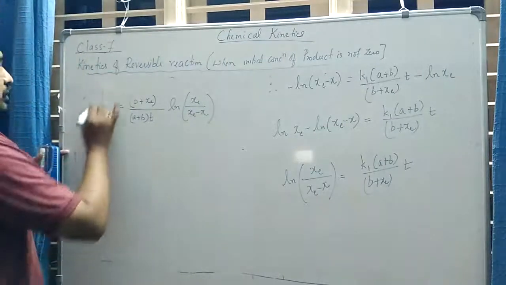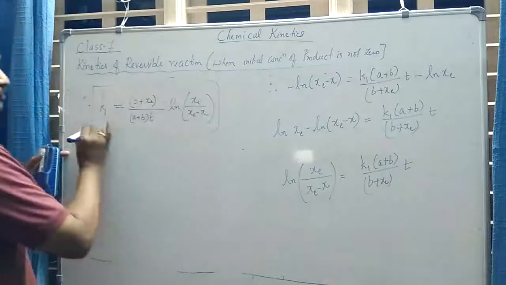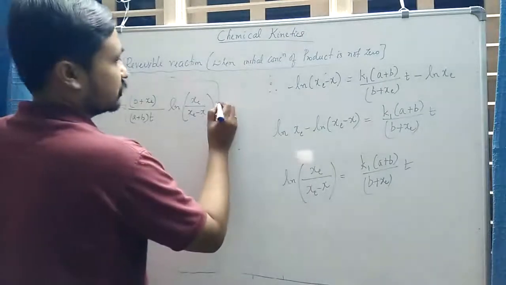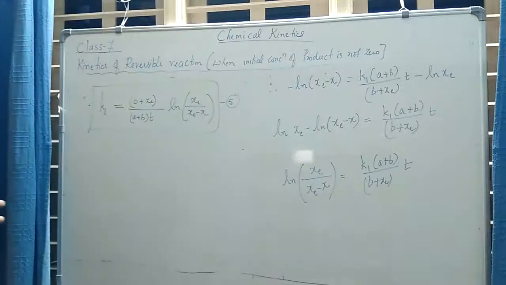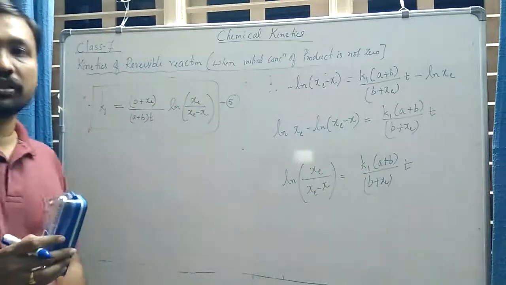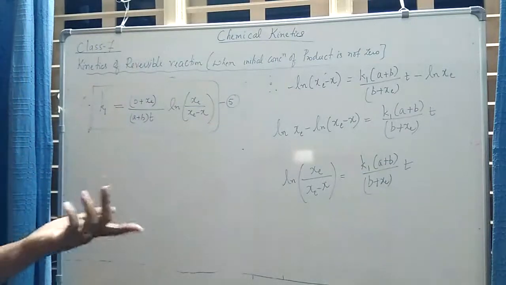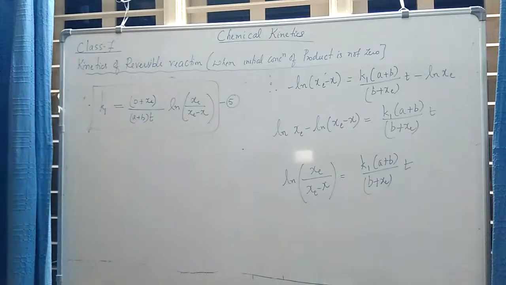So this is the expression for rate constant k1, for a first order reversible reaction opposed by a first order reversible reaction where the initial concentration of the product is not equal to 0.